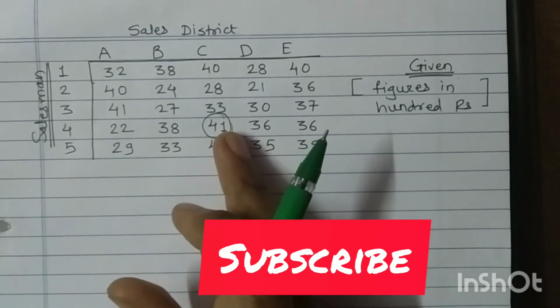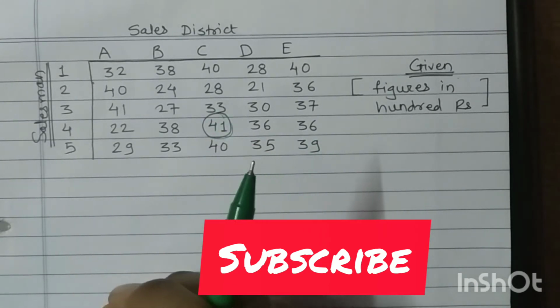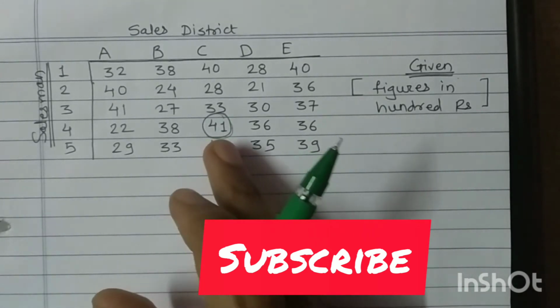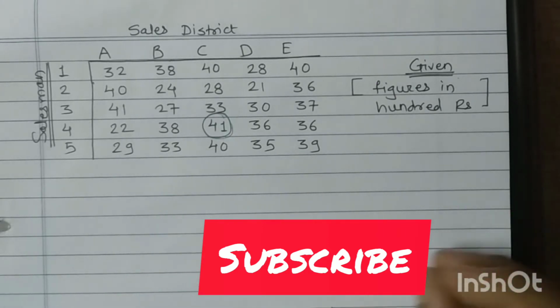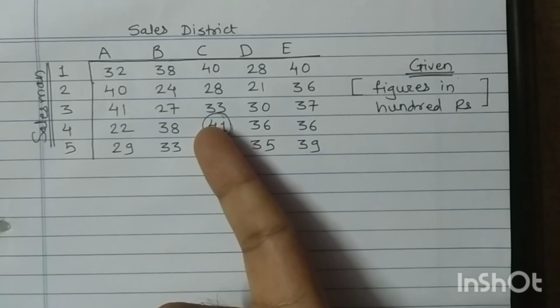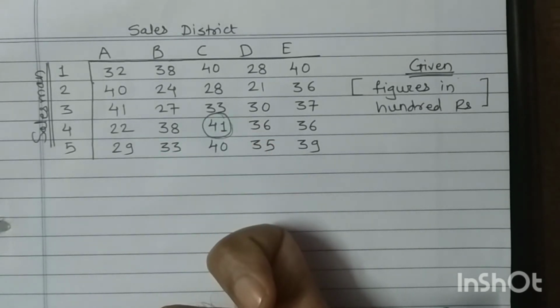Then solve it like a minimization problem. That means after conversion of maximization into minimization, rows will be reduced and columns will be reduced and so on. Okay, so what is the first step? If the problem is of maximization, convert this maximization into minimization.